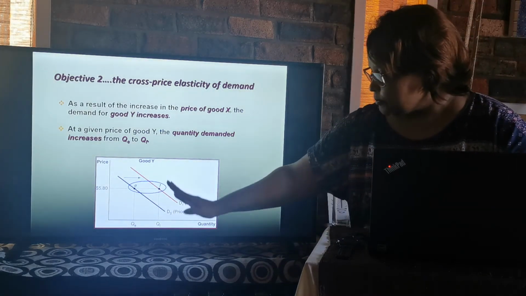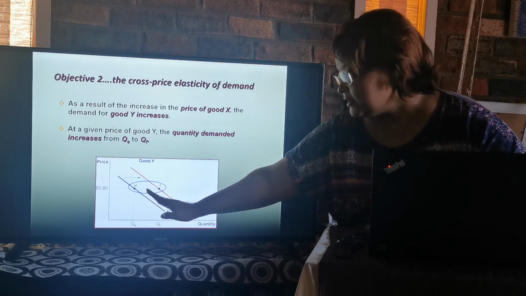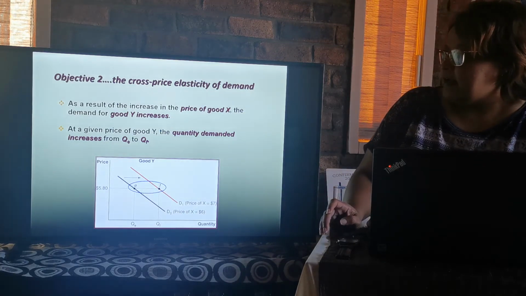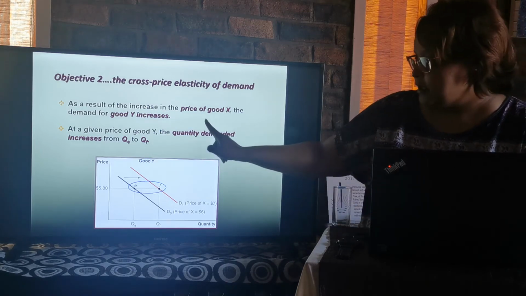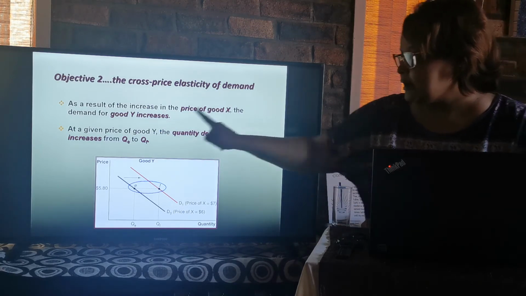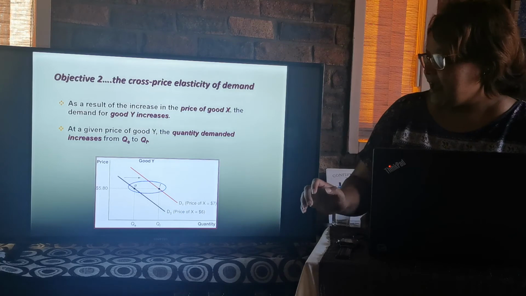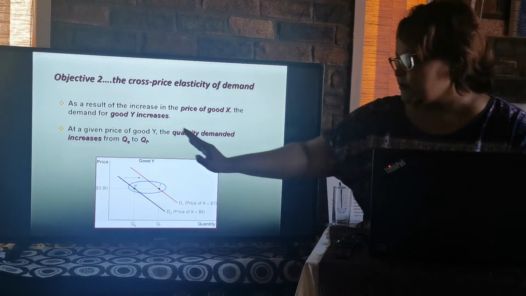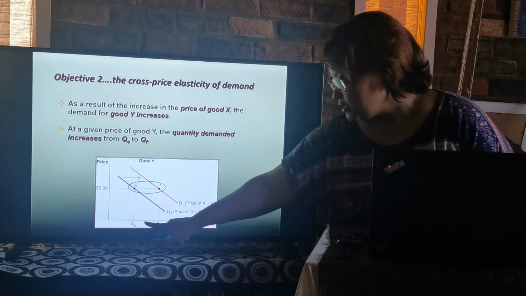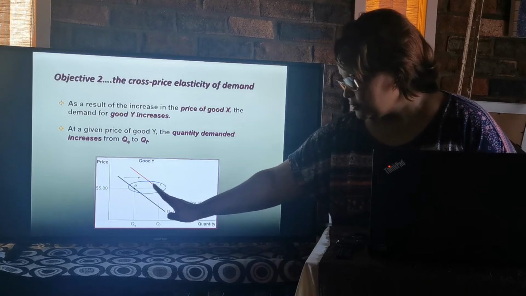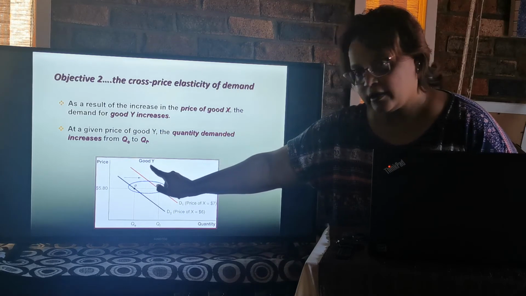This specific section, you're going to look at the increase in price of good X will be a demand increase in Y. Increase in price of Coke will lead to a demand increase for Pepsi. At a given price of good Y, the quantity demanded increases from QE to QF. So this is Pepsi, and that's the price of Y.